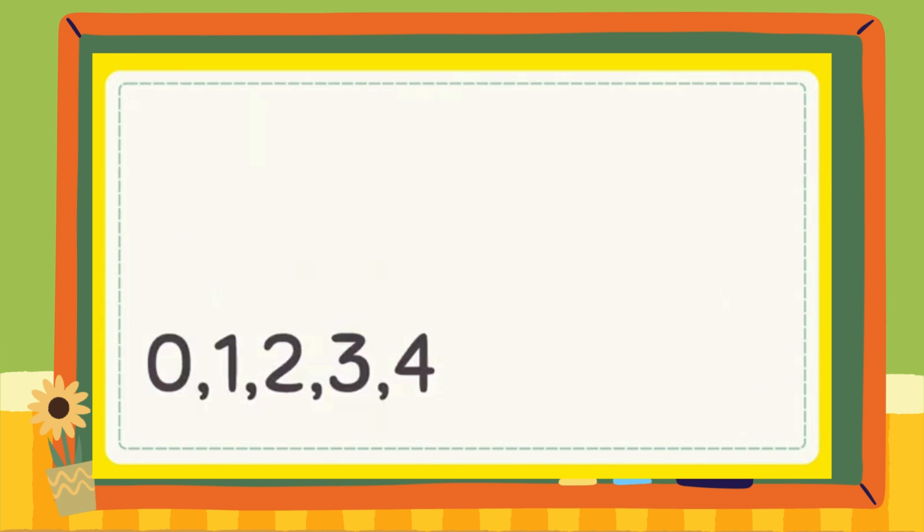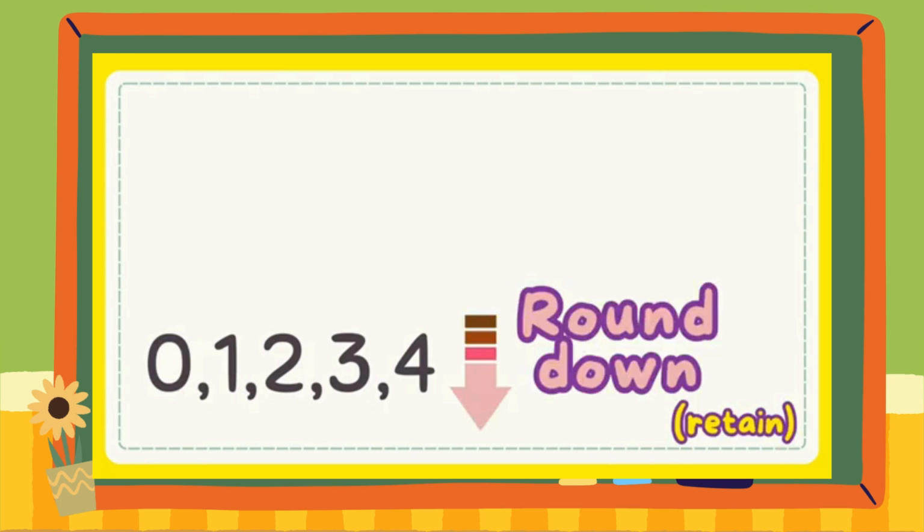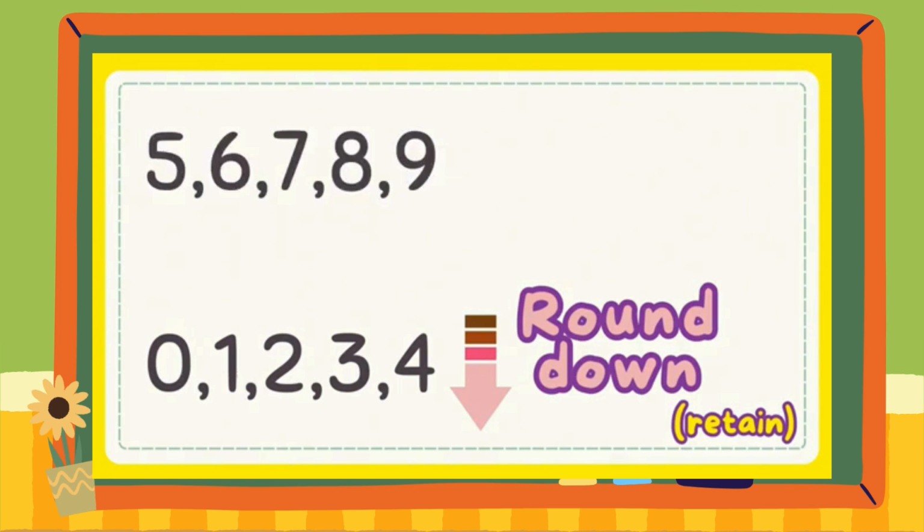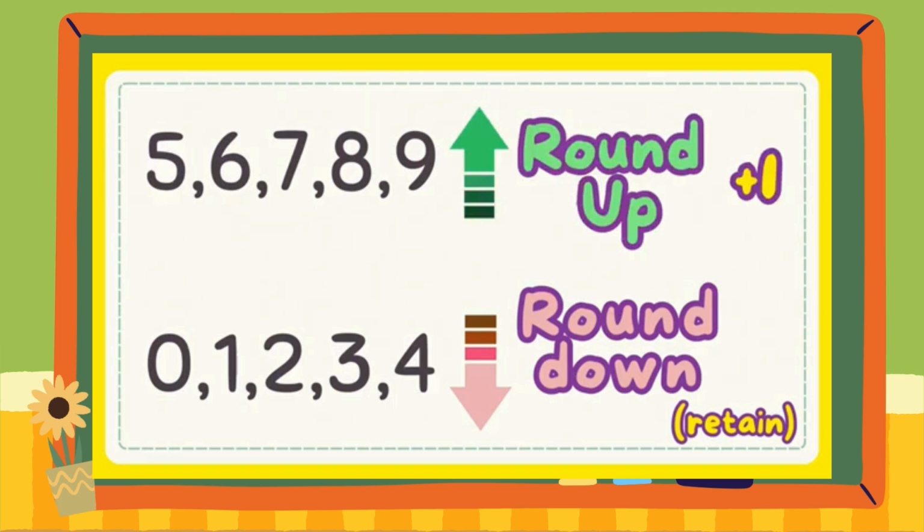Again, if the digit is 0, 1, 2, 3, or 4, round down or retain the number. If the digit is 5, 6, 7, 8, or 9, round up, or we will add 1 to the specified digit.